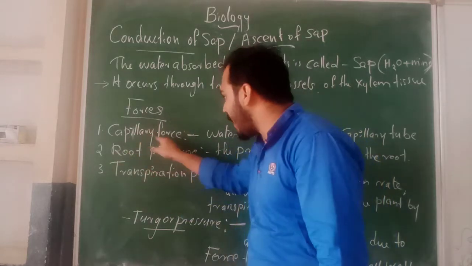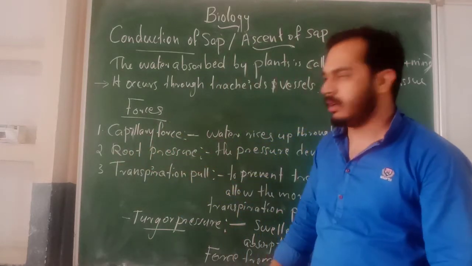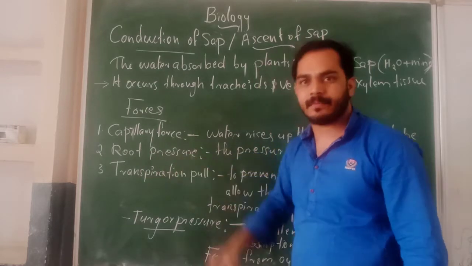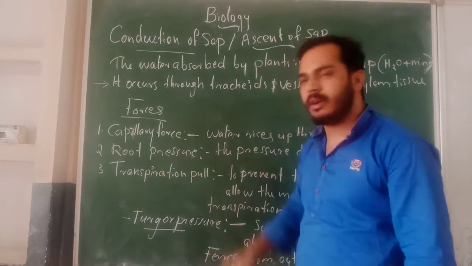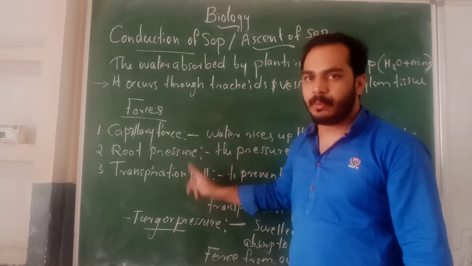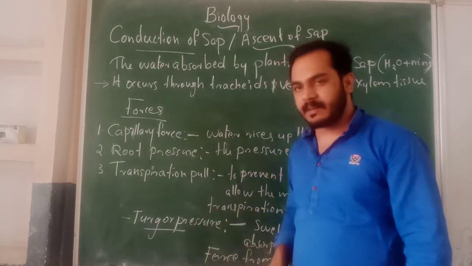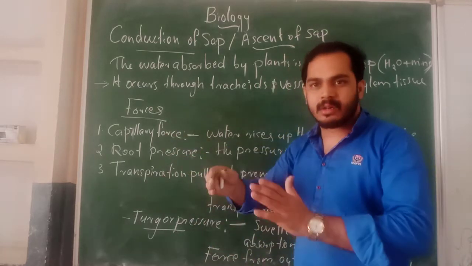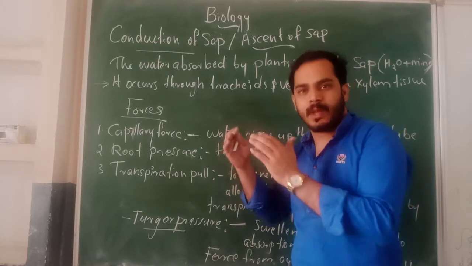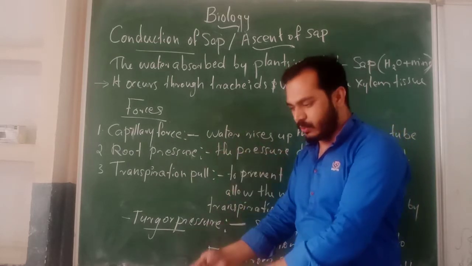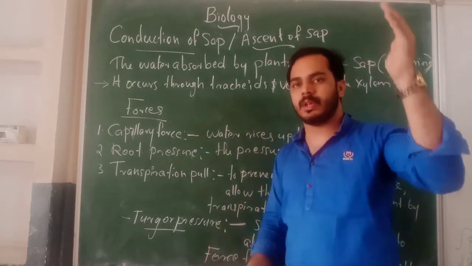The first one, capillary force. Second, root pressure. And third, transpiration pull. According to these, the water and the minerals are transported from the root region to the shoot region.